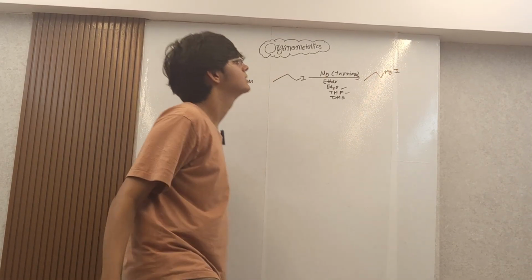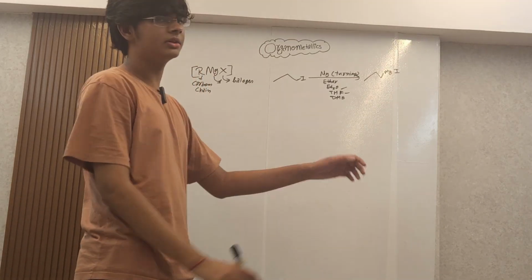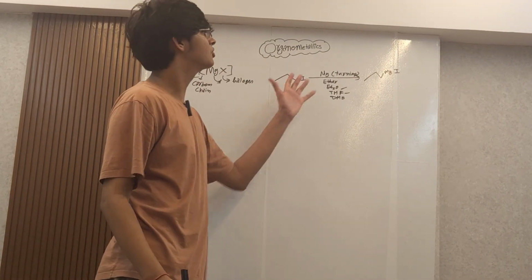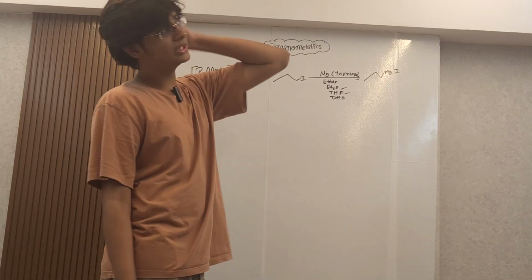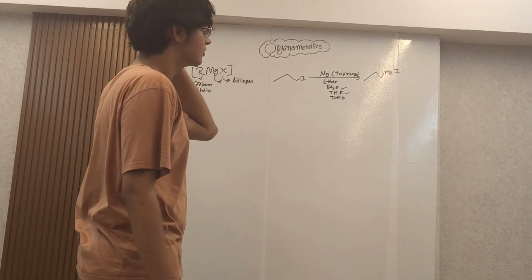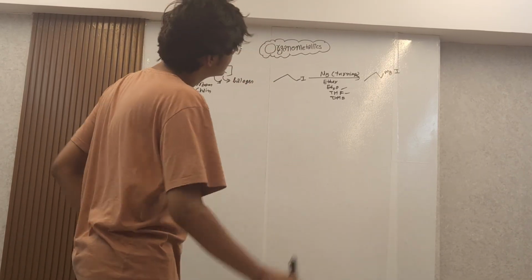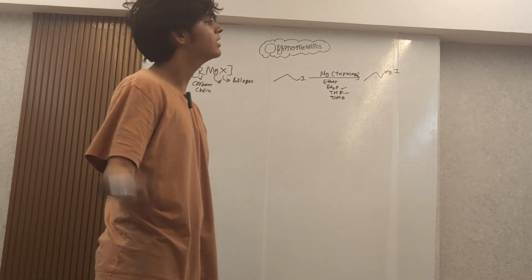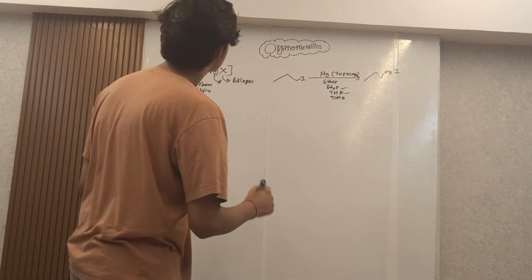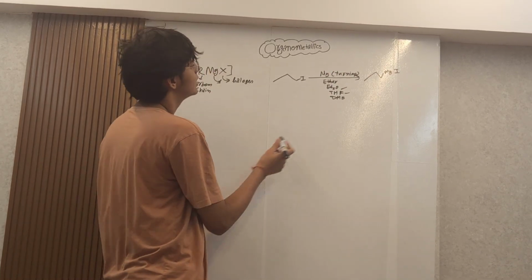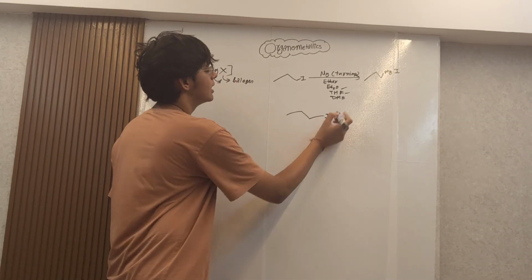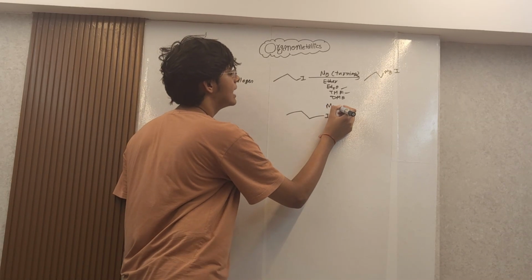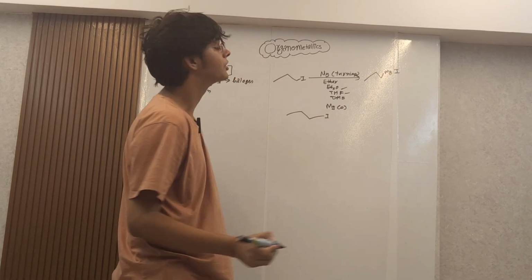What will happen is this Mg would, all right, I'll show you. MgI. This is the formation. Now you might be wondering, what is the mechanism? You just showed me the reaction. The thing is, the mechanism is really debated because we still don't know how they work. What happens is there is an oxidative insertion. What is an oxidative insertion? Essentially, this is the I. Magnesium here has the oxidation state of 0.